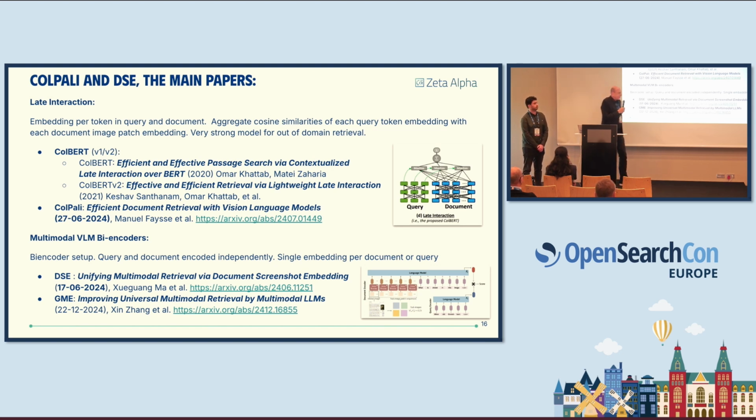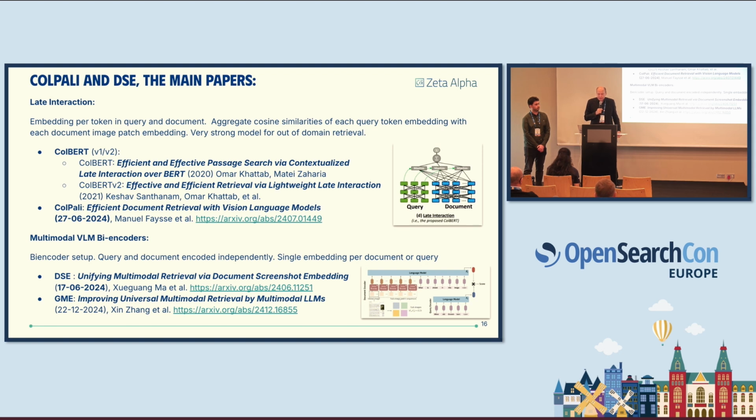The idea of ColBERT is that for a query and a document, you're going to create embeddings for every single token of the query and all tokens of your documents. And at query time, you're going to retrieve for every token of the query the nearest vectors from all of your documents, and then compute this late interaction formula. So it's quite computationally intensive.